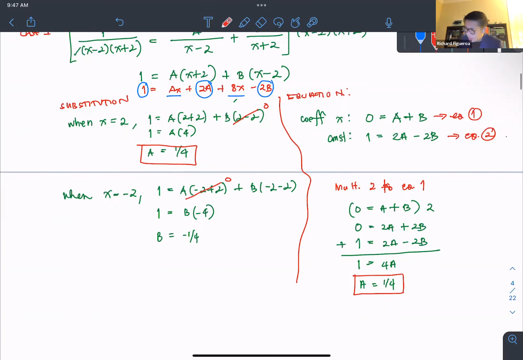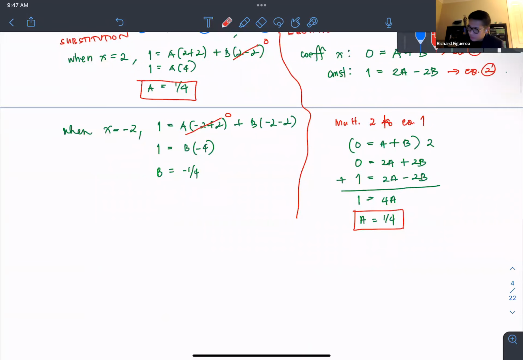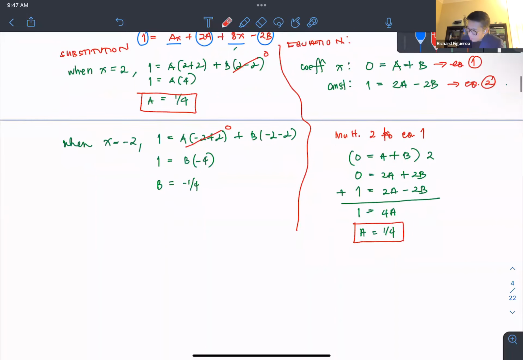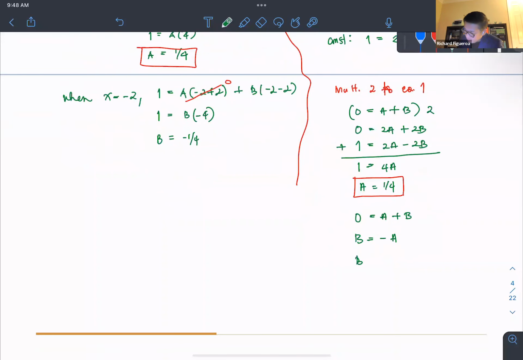And now that we have that, we can simply use substitution. We said that 0 is equal to a plus b. So therefore, what is b? b is the same as negative a. So therefore, a is 1/4, so b is negative 1/4.